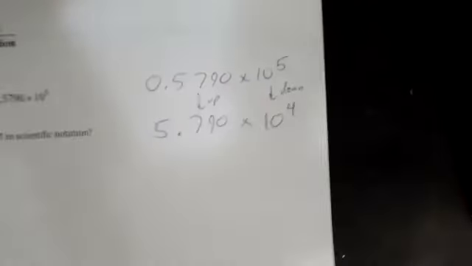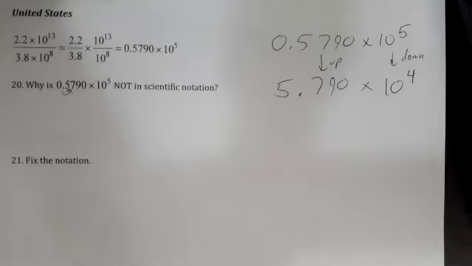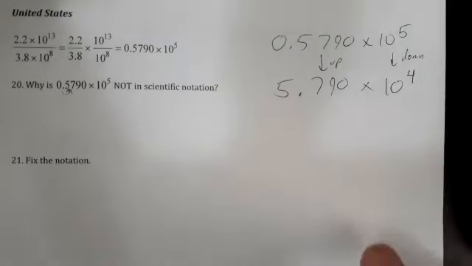We want a numeral in front of there that is not 0. So we need a single numeral in front, so we're moving it so that the 5 is in front. If we do that, that number's going up, the other one's got to go down. And if you want to write this number out in standard notation and figure it out for yourself that those are the same numbers, you can also do that. You can convert it to standard notation in there if it makes you happy. Okay.